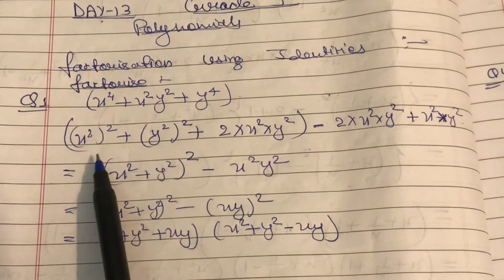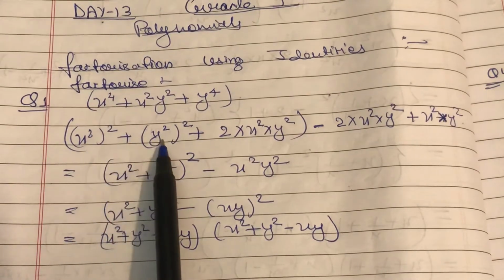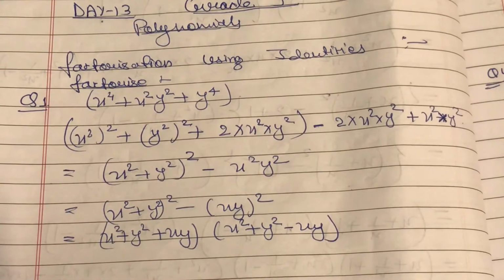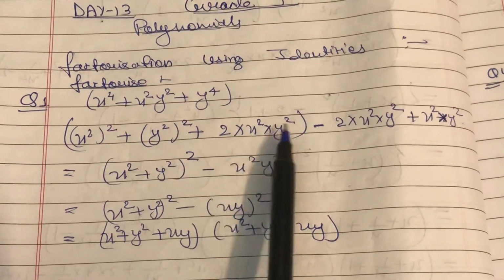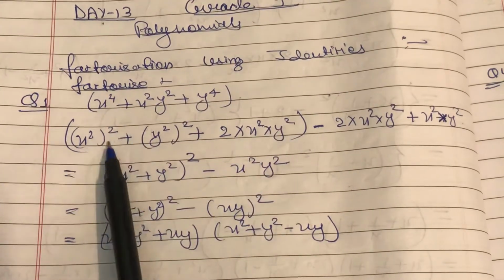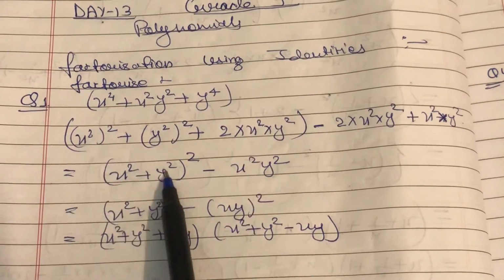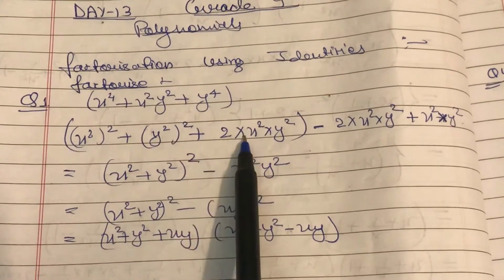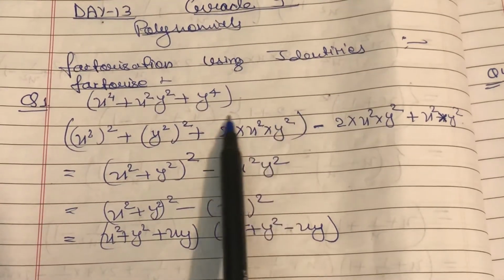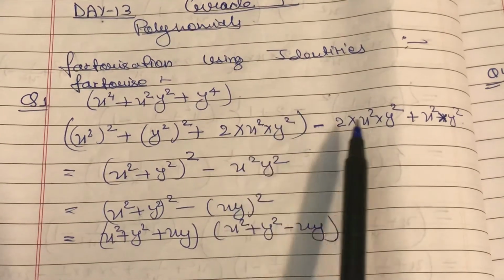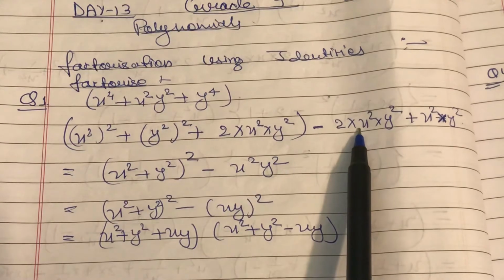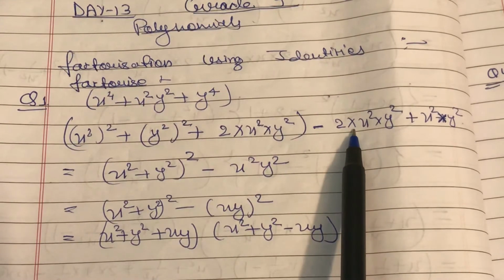In the last class, I told you that whenever you get a question like this, always try to fit it onto the identity (a plus b) whole square or (a minus b) whole square. So here I can write plus 2 into a into b such that this must be equal to (a plus b) whole square. But if I am adding anything to the given expression, I need to subtract the same thing from the given expression, right?